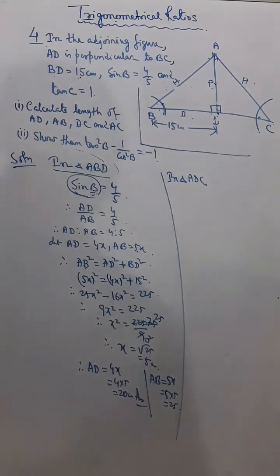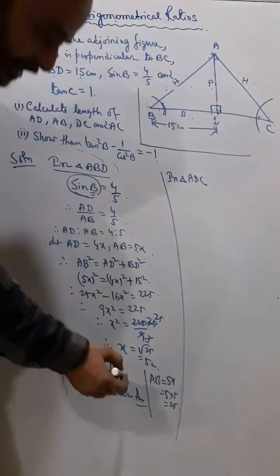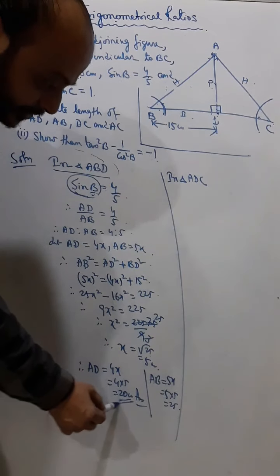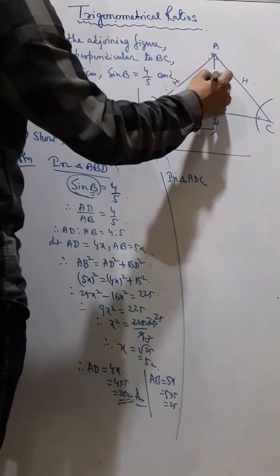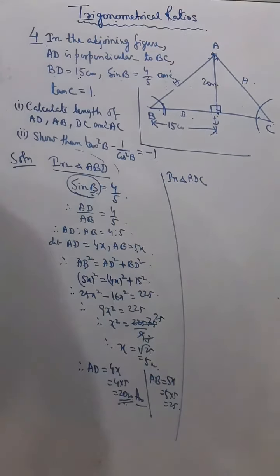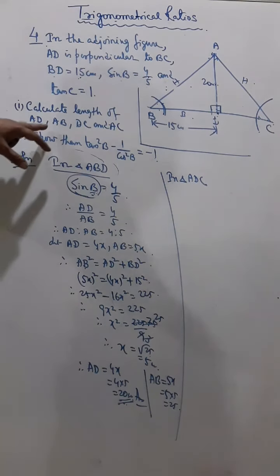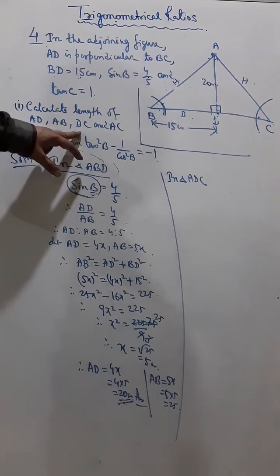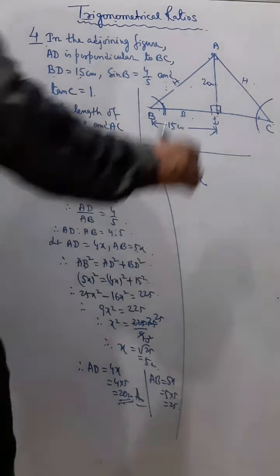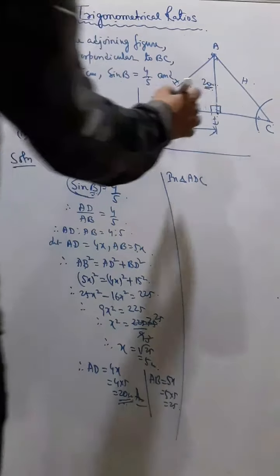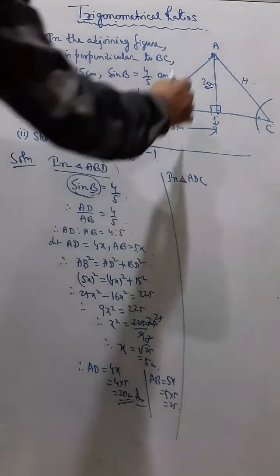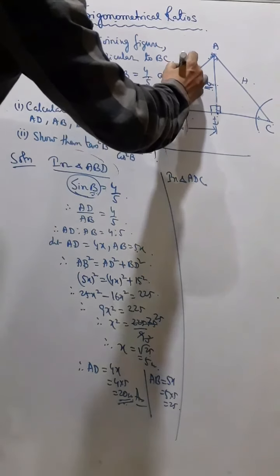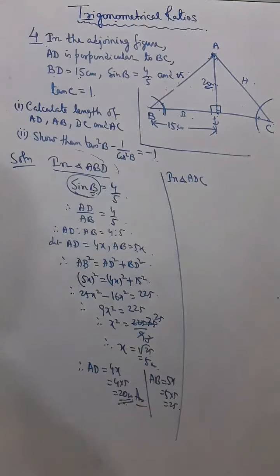AD we already got the actual length, 20 centimeter, so we'll write here 20 centimeter. They told we have to find AD, AB, DC and AC. Similarly, we got this one as 20 centimeter, this is 15, and we got AB as 25.